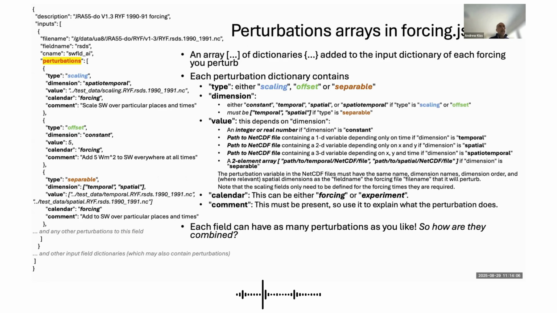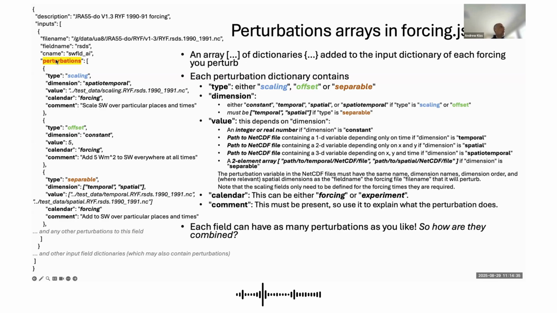What does that look like? Well, I've again shown forcing.json on the left here, and I've narrowed it down to one input field, which is this one here. This one happens to be the downgoing shortwave radiation field. And now I've added a perturbations key and value in here to show you what that can look like.